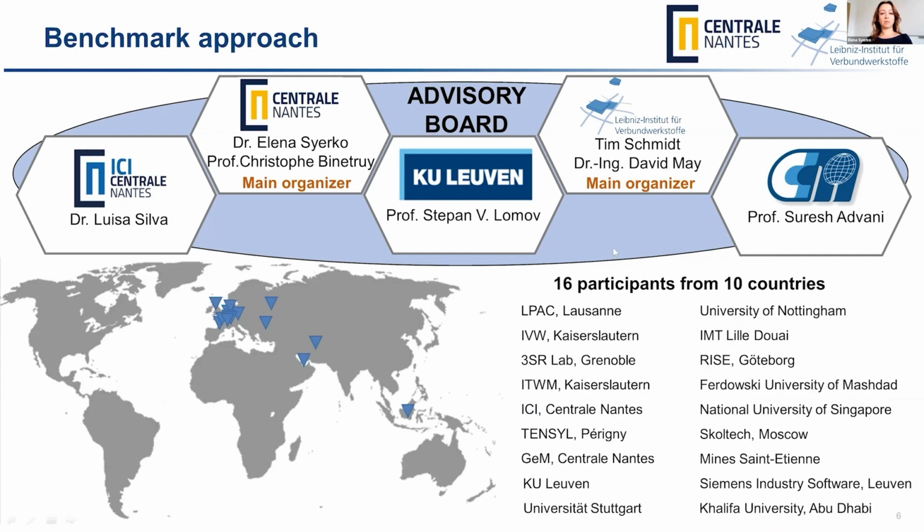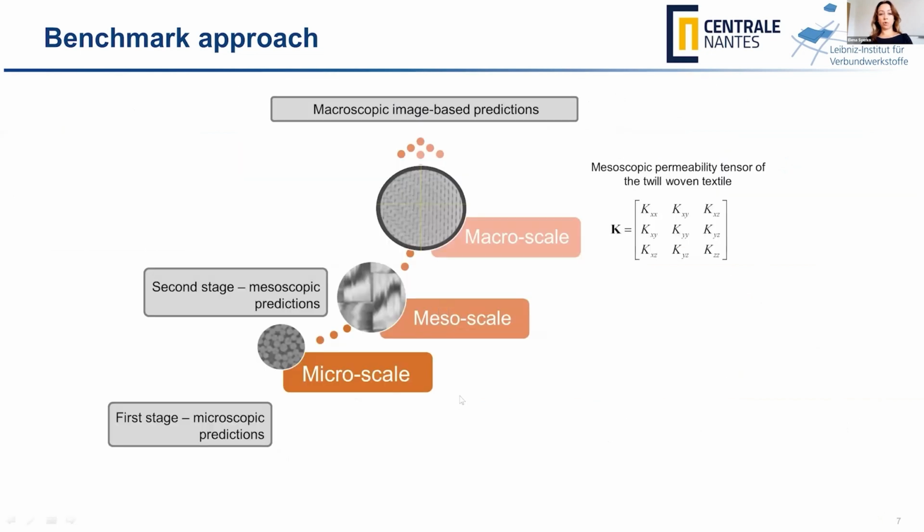Together we had collected the results from 16 participants from 10 countries. You can see the list here. And the general approach was to take first the material which was used in the experimental benchmark.